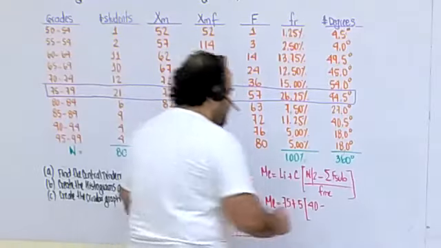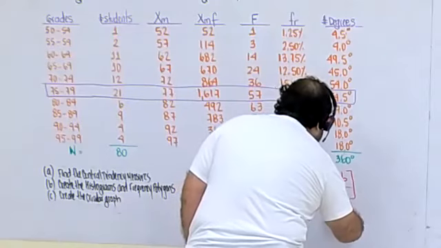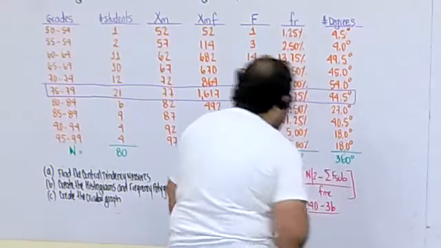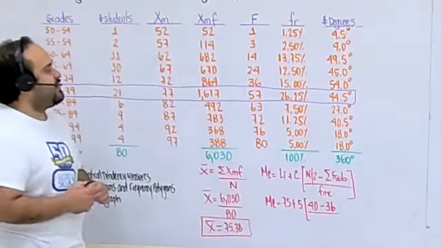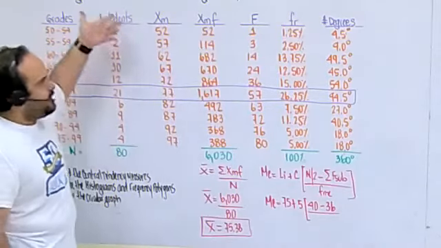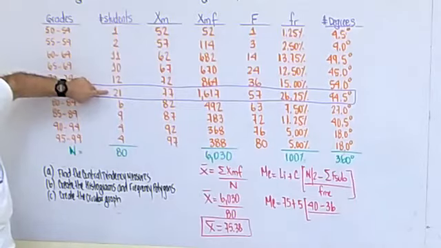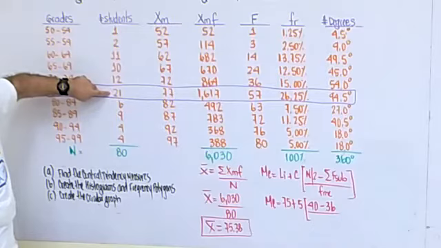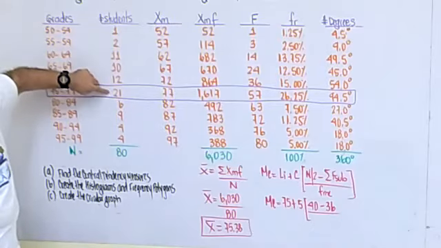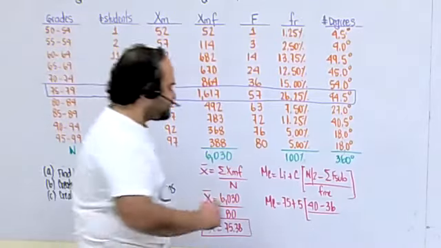For that reason, we're going to divide by 36 and divided by the frequency of the median, which is obviously the frequency of the quantity of students in this situation, will be 21, because it is the absolute frequency located over here, all right?